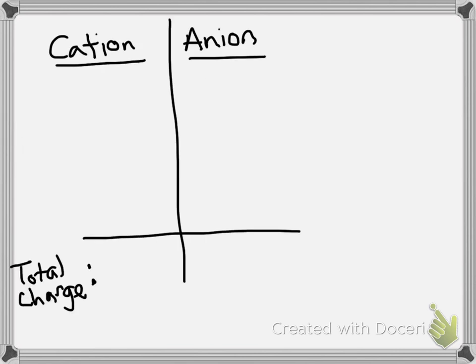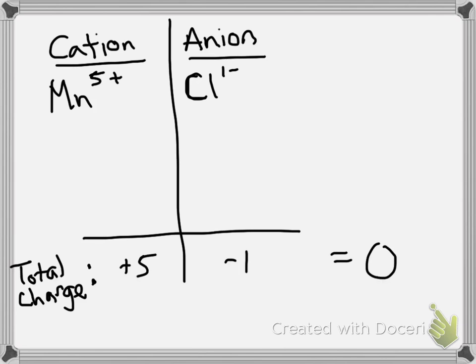So we're starting with manganese, Mn, and it has a +5 charge, and our anion is chlorine, and chlorine has a -1 charge. So right now, our total charges are +5 and -1. They need to equal 0.